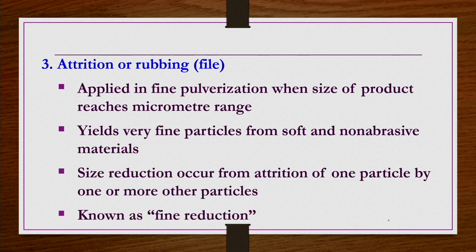Because these produce a majority fraction of fine material, size reduction by attrition or rubbing is also known as fine reduction. These are the three processes in general. And despite the uniformity of the feed, the product you get after size reduction may have a very wide distribution; you may not have a very uniform size distribution.